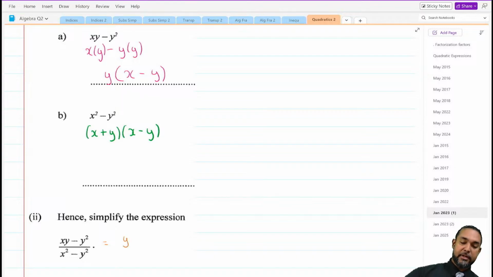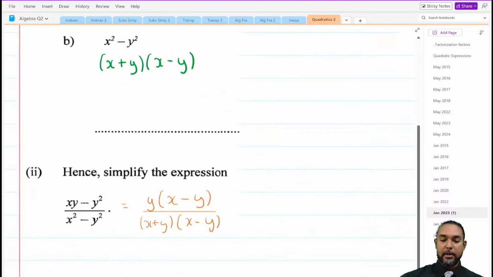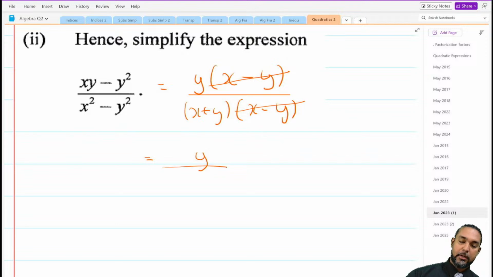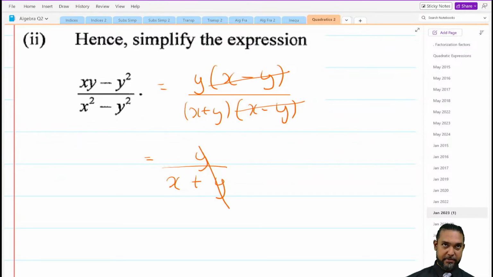So when you factor to get y by x minus y, the denominator is part b. So x squared minus y squared will give us x plus y by x minus y. Now, guess what happens? We could cancel this with that. And our final answer would be x over x plus y. And you cannot cancel these. So please don't do that.